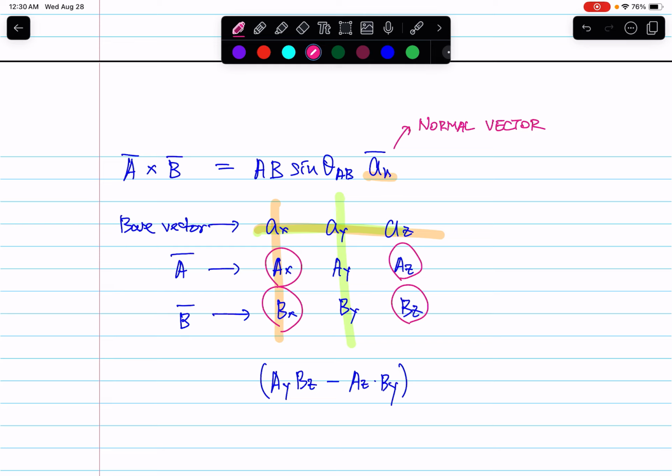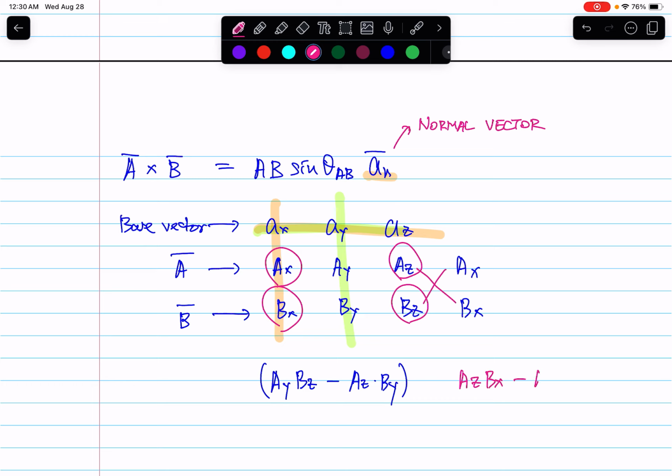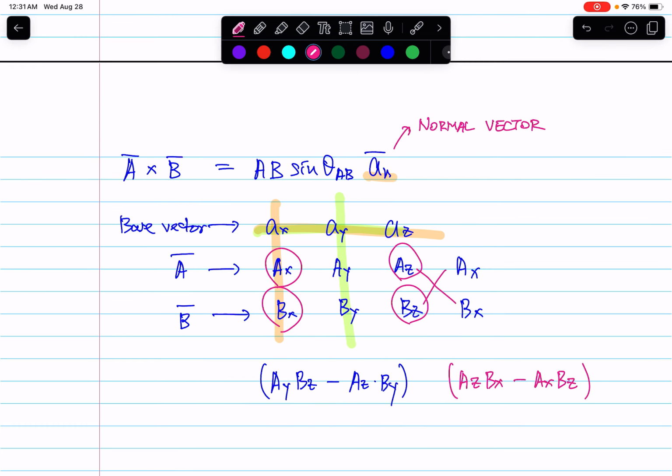The easy way of doing this is by putting AX and BX over here, and then doing the cross multiplication. So in this case it'll be AZ BX minus AX BZ. Okay, so that's the second chunk.